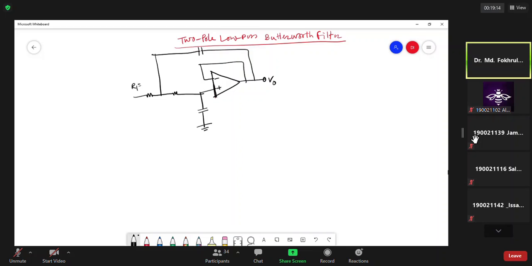R1 is 1 by G1, R2 is 1 by G2, C4 and C3, and this will be the input. Vi, R1 (1 by G1), R2 (1 by G2), C3 and C4, V out.